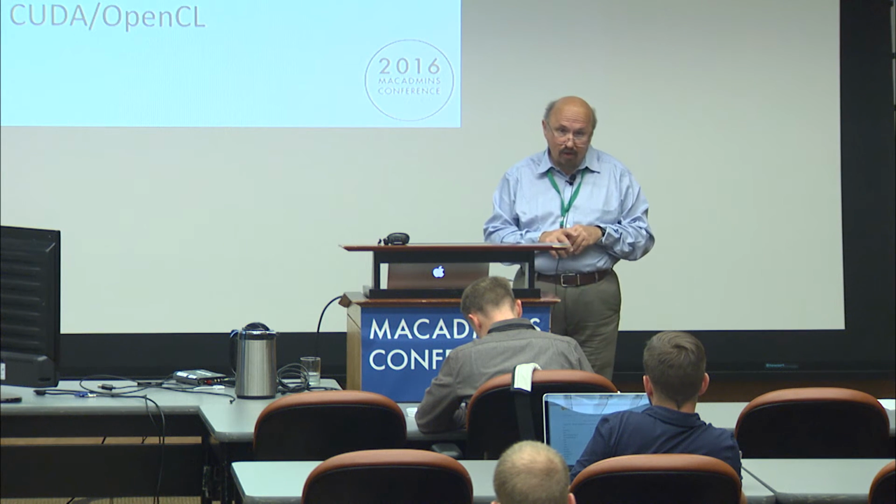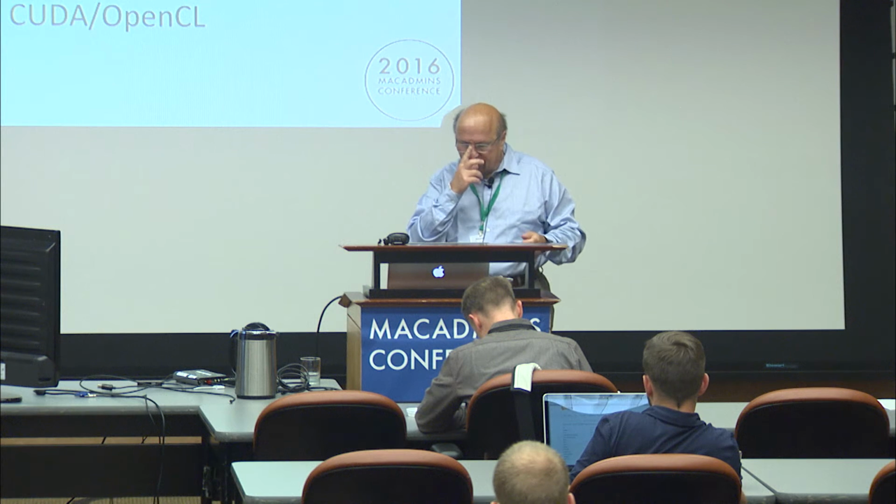OpenMP uses pragmas inside the program. I think I've got slides later that do that. So partitioned global address space languages, next generation programming languages. Anybody here heard of Chapel, X10, Fortress? I've used Fortress.